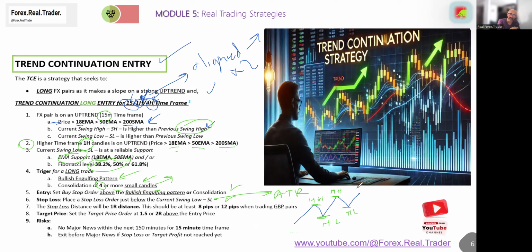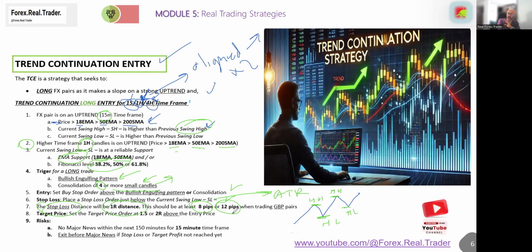So if you don't have this clear, my invitation is to check that video in order to get more information about this topic, okay? And now the stop loss distance, on the 1 hour, at least 8 pips or 12 pips regarding my ATR as well. Again, I already explained that in previous videos, okay?